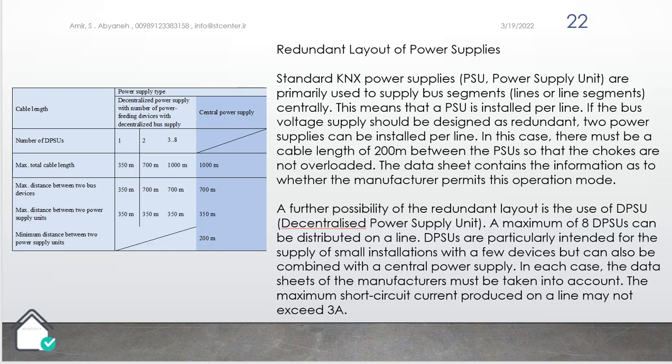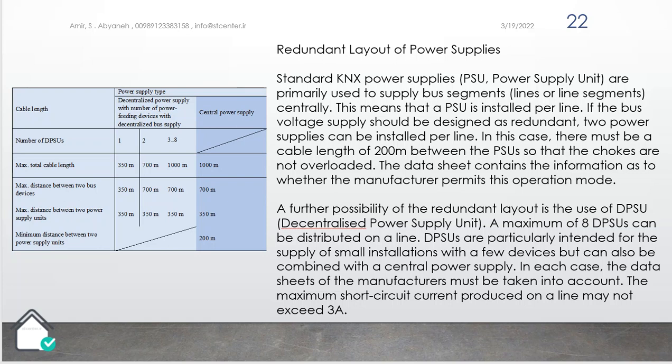If the bus voltage supply should be designed as redundant, two power supplies can be installed per line. It is possible to use two power supplies, but you cannot put them next to each other. You should have a 200-meter distance between them. Of course, in some brands like Siemens, with the new power supply you can put them next to each other, but for most of the brands, you should always go to the datasheet and see what the rules are for that device.